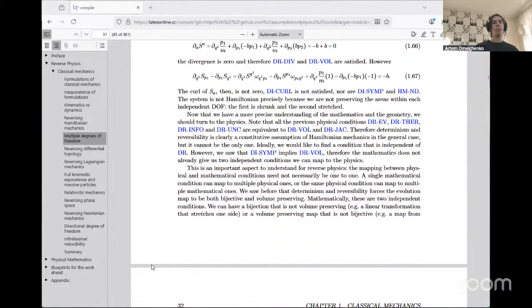So basically, would it be true to say that those conditions that do not imply Hamiltonian mechanics in n degrees of freedom, we just need to apply them to each degree of freedom, and then it works, right? Yeah. Okay, so go on. The thing that's complicated is that all this idea of the parallelepiped is local.